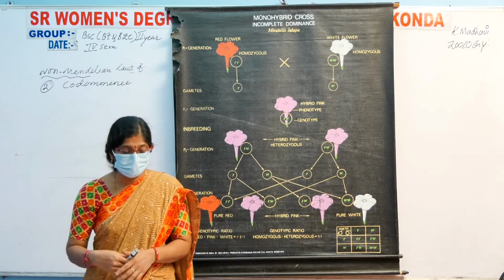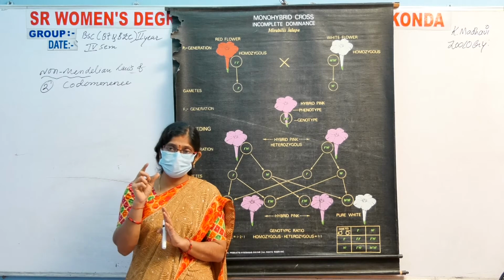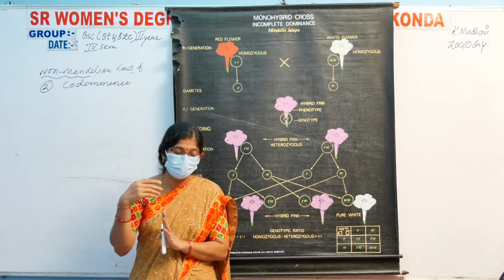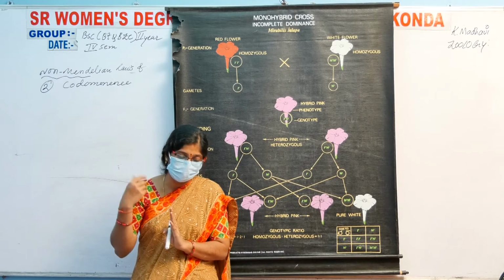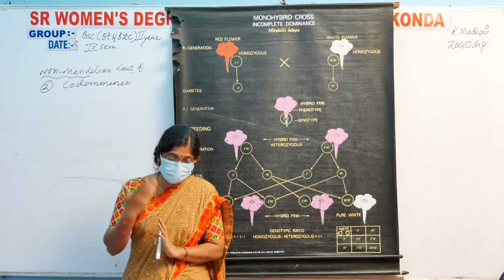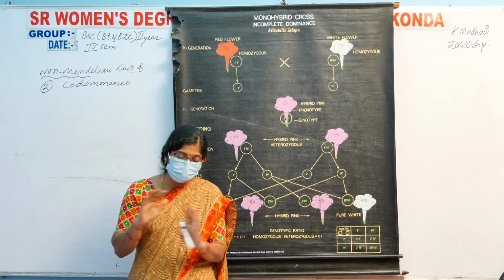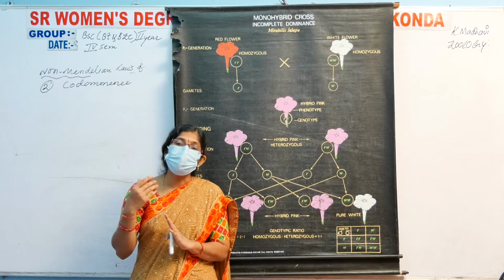Codominance means the genes of a pair are not related as dominant or recessive, but both of them express themselves equally in the F1 hybrid, and there is no suppression of the phenotype by a dominant gene.